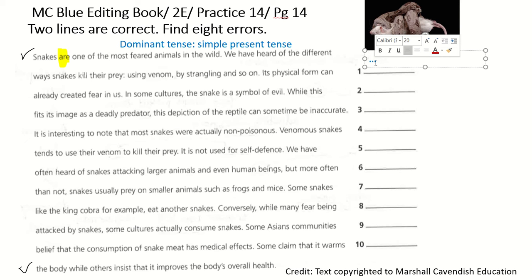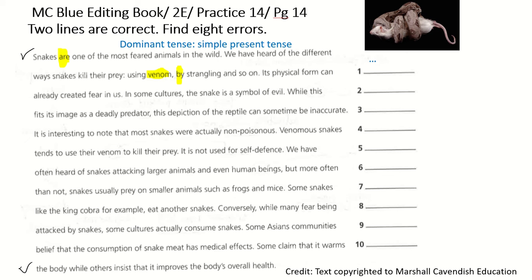So let's try to find the errors. We have quite a different ways snakes kill their prey, using venom, by strangling, and so on. If you look at the word venom, it's a noun. "By means" should be followed by a noun, and strangling is continuous tense.